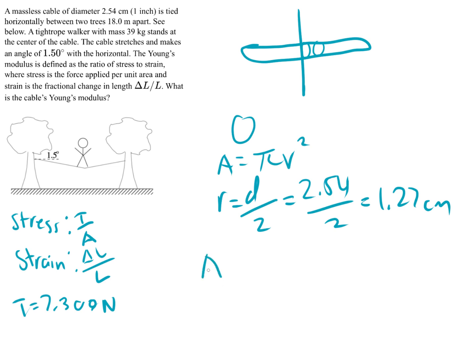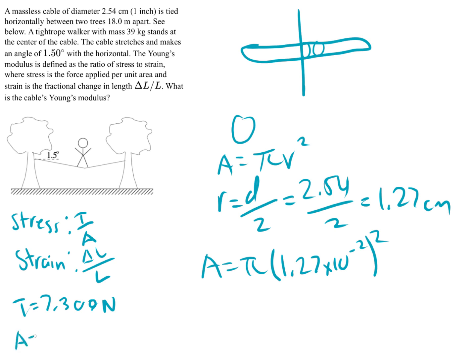And now we can just plug everything in, pi r squared. I'm going to convert this to meters. 1.27 centimeters is 1.27 times 10 to the negative 2 power meters. And we're going to square that. And that is simply area, the area of each little cross-section.